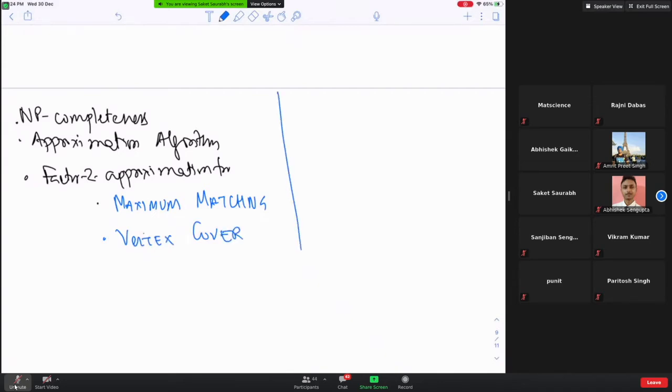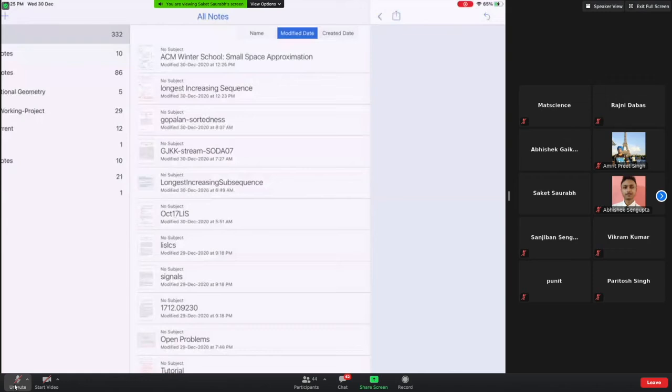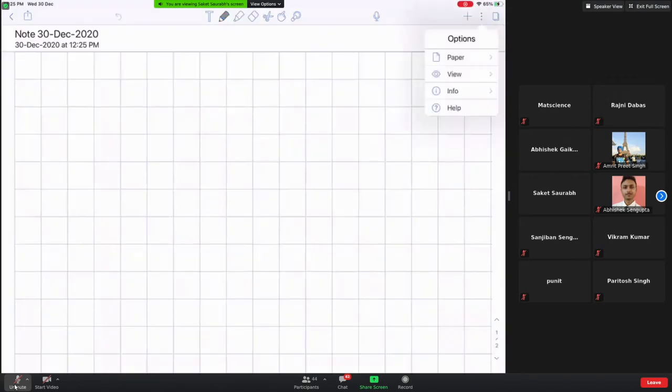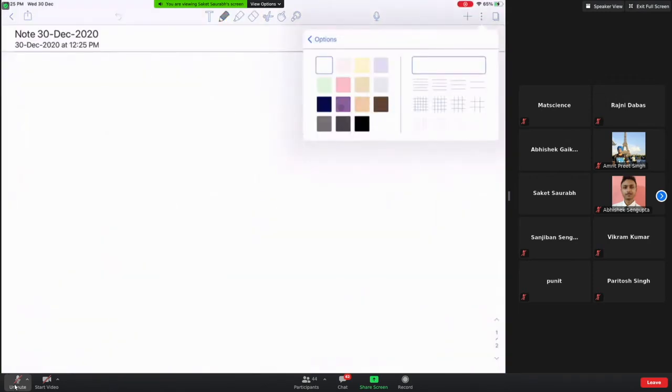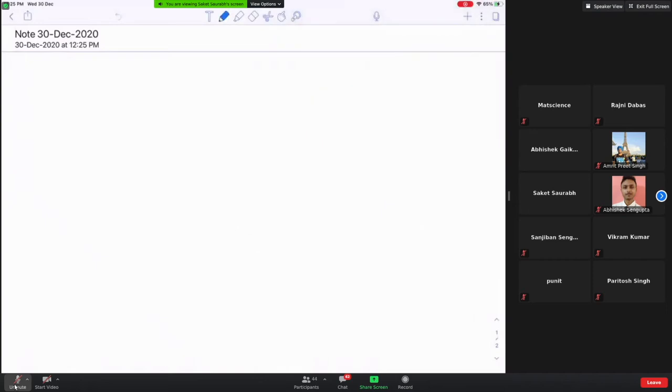So what we would like to do today is to see how to maintain these approximations in small space. Okay. So definitely, what approximation did we see for vertex cover?